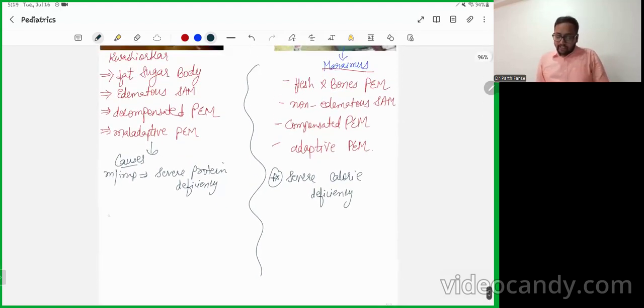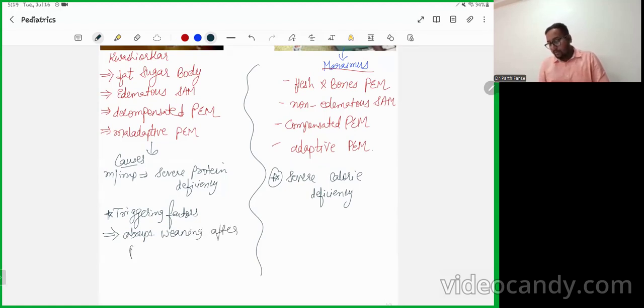Now, what are the triggering factors? Triggering factors mean abrupt weaning after prolonged breastfeeding.